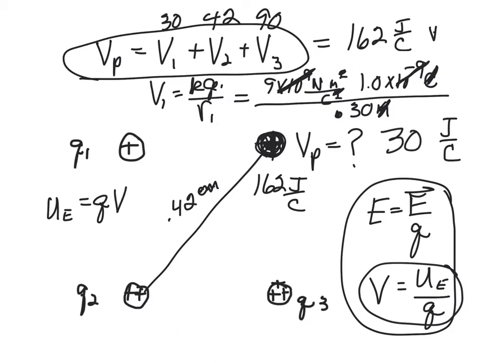So you just have to multiply the 4 times 10 to the minus 9 coulombs, I don't want to write it all out, times the potential, 162 joules per coulomb. You see the coulombs cancel and we get joules.